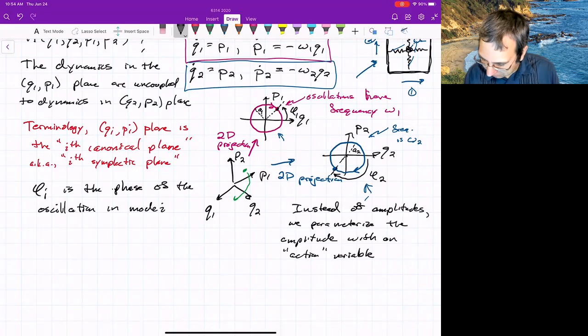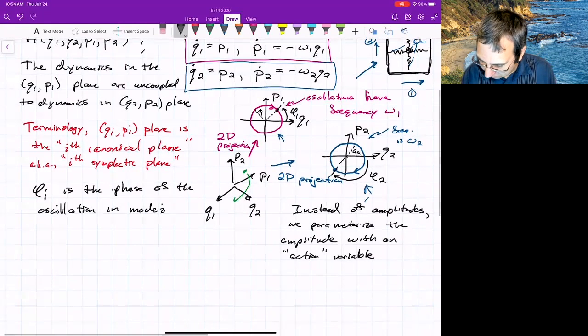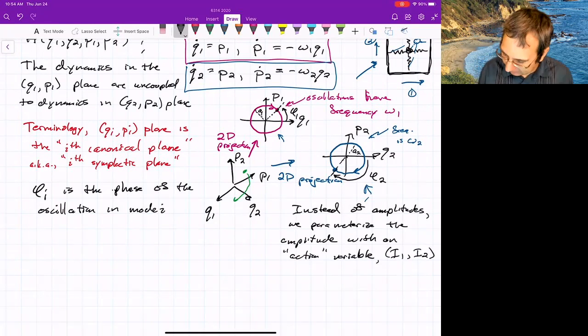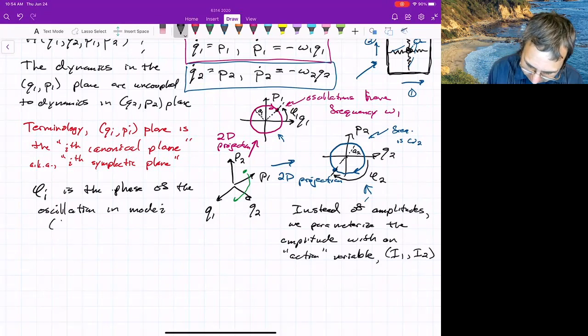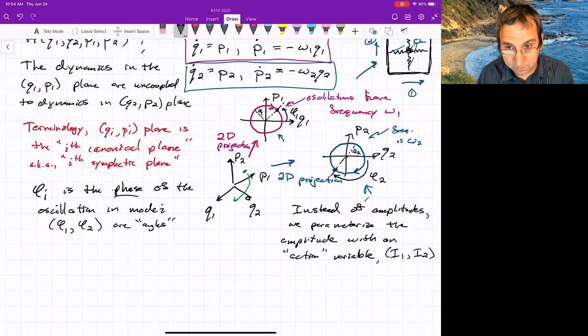So instead of amplitudes A1 and A2, we have action variables, and in this case, we have two. So these are actions. Phi1 and phi2 are the angles. So instead of phase, we say angles.